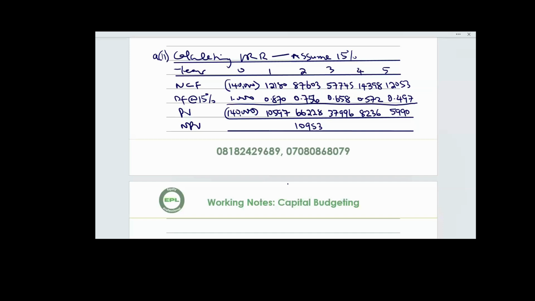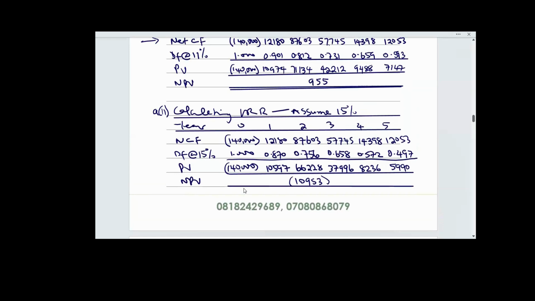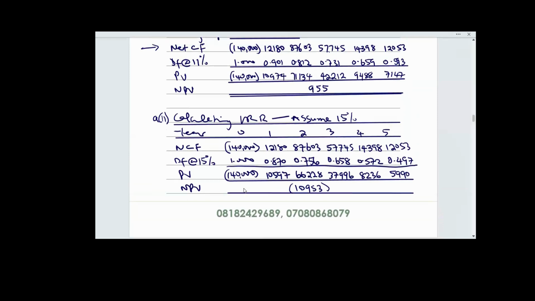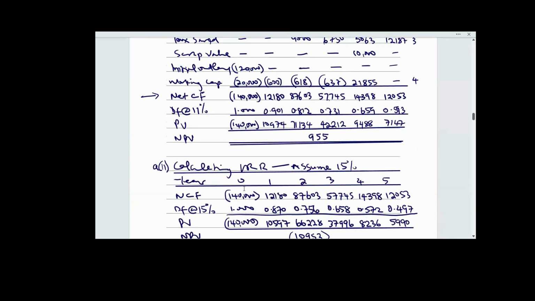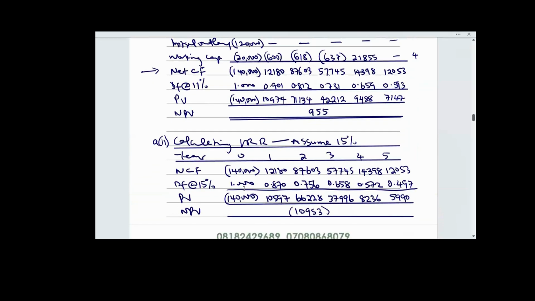Negative. Okay. So we assume 15% produces a negative NPV of 10,953. So we use 11% as the other discount rate, which produces a positive NPV of 955.